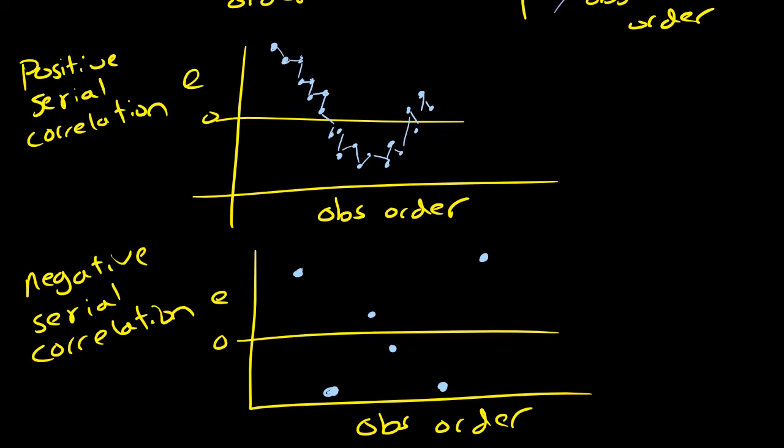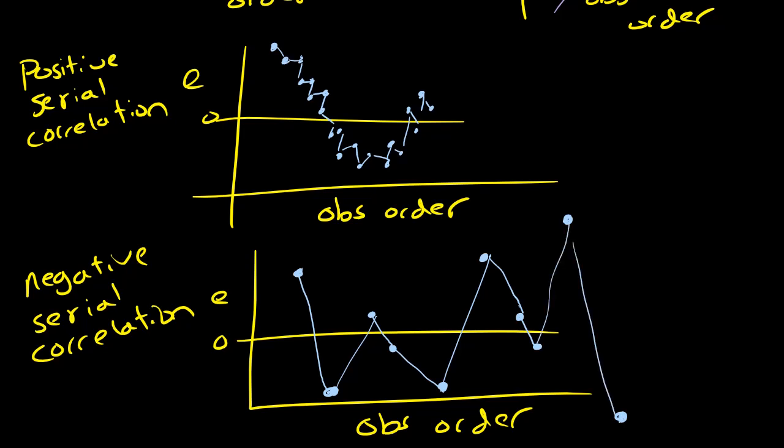So what you're seeing is basically the opposite always happening. The sign changes, but the magnitude is the same. If this one is small and positive, then the next one will be small and negative. If the next one is large and positive, then the next one will be large and negative. Okay, so that's what a negative serial correlation looks like.